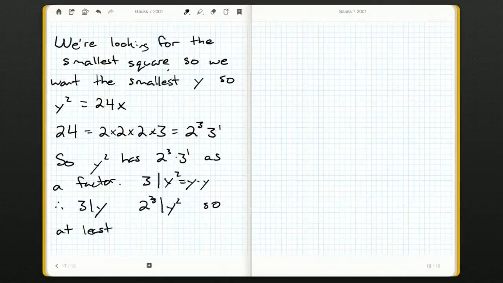Well, we're going to get 1 2 over here and 2 2's over here. We're going to have at least 2 squared divides y. So at least 3 and 4, so at least 12 divides y.